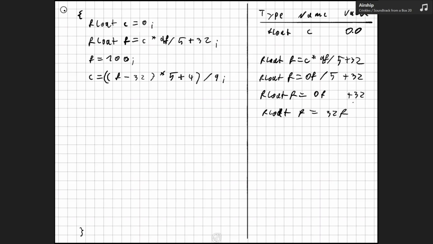So again, it's first converting the 32 to an f and then calculating the result. It is taking the integer, converting it, and then calculating. The 9f here is something we declared beforehand to be a float already. No conversion happening here, conversion happening automatically here.